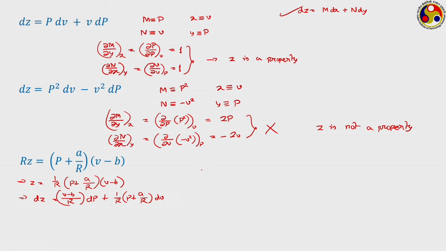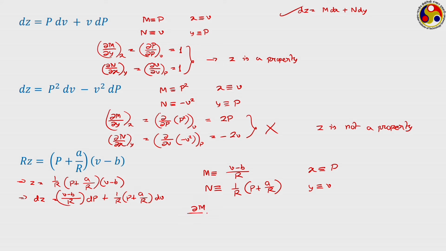If we compare with the exact form now, or the standard form, here M is equivalent to V minus B by R, N is equivalent to 1 upon R into P plus A by R. Here X is P and Y is equivalent to V.